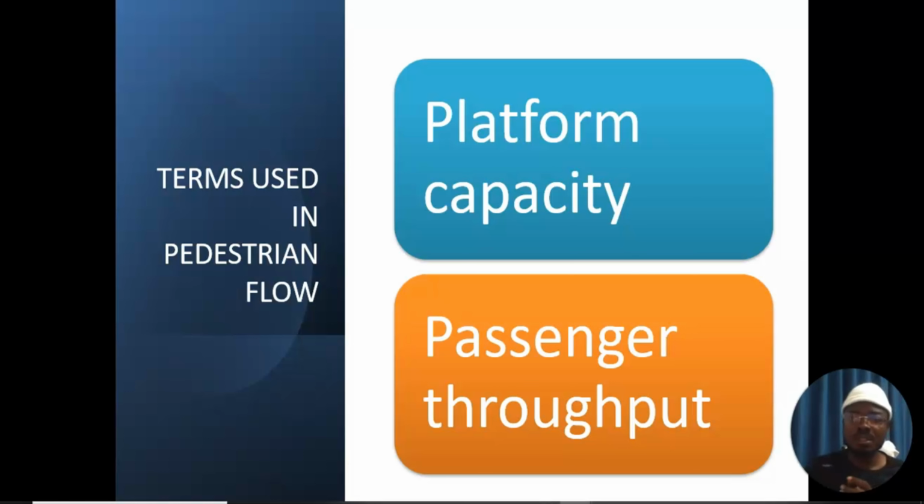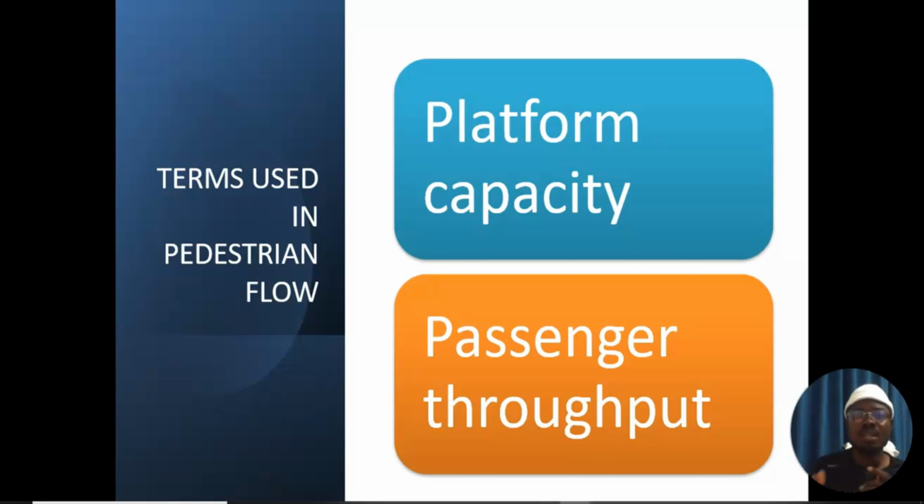There are different points within that platform that process passengers for different reasons, whether a point where you buy your ticket, another point where you pay, or another point where you process your luggage, whatever it is.